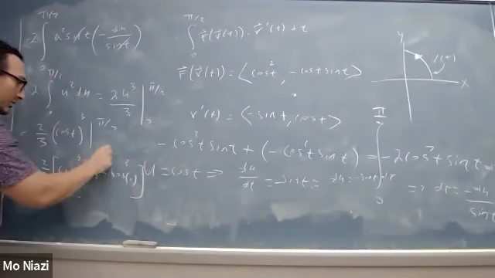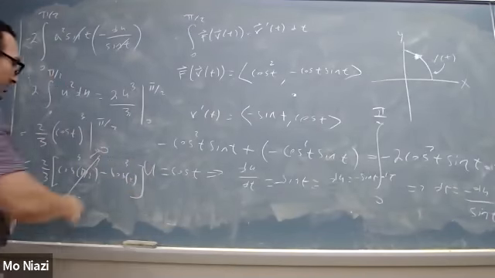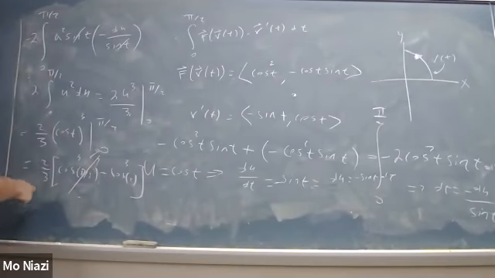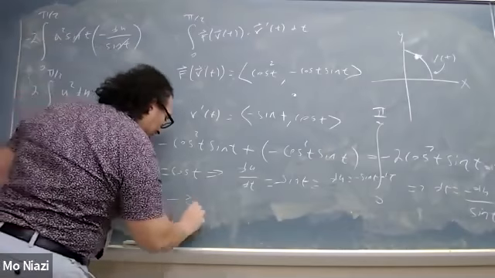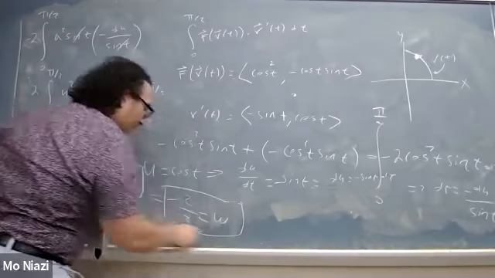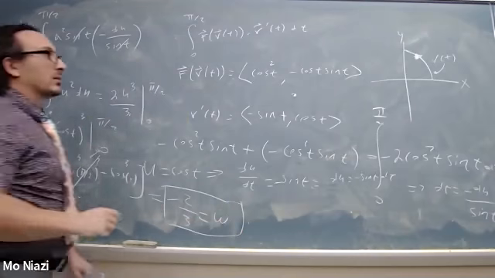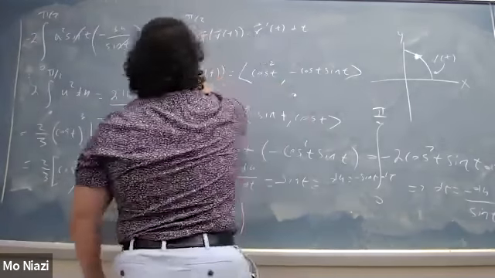Cosine of pi over 2 is 0. Cosine of 0 is 1, and when you cube it, it's 1. With the minus sign it becomes negative 1. Negative 1 times negative 2/3 ends up giving me 2/3. So this is precisely the work done by moving that particle a quarter circle in this force field.